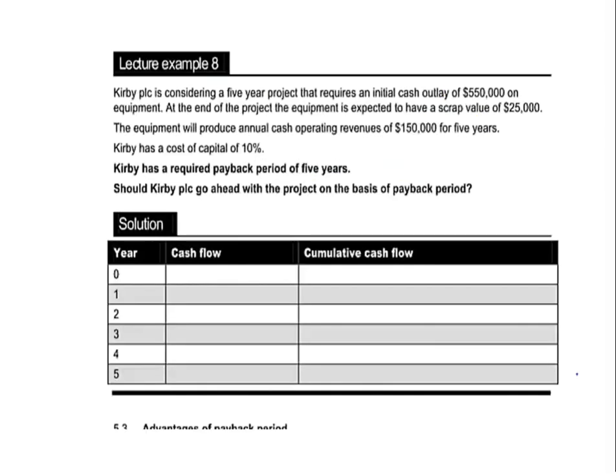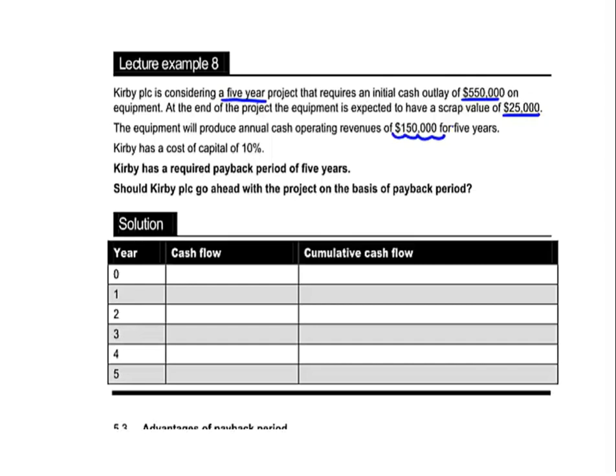So Kirby here is considering a project for 5 years, and it's going to involve spending $550,000 on equipment. That equipment will have a scrap value of $25,000 at the end, and the operating revenues from this equipment will be $150,000 for 5 years.